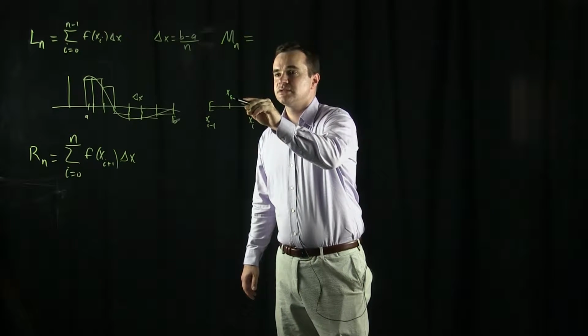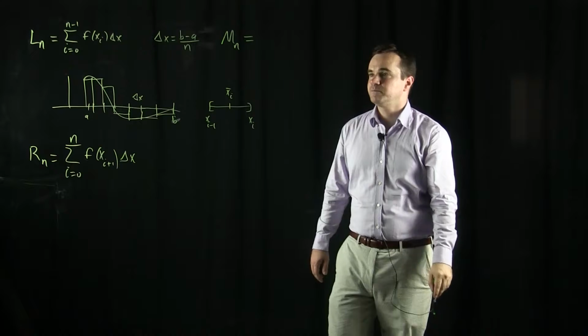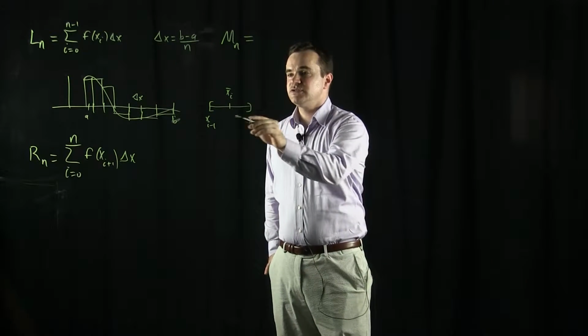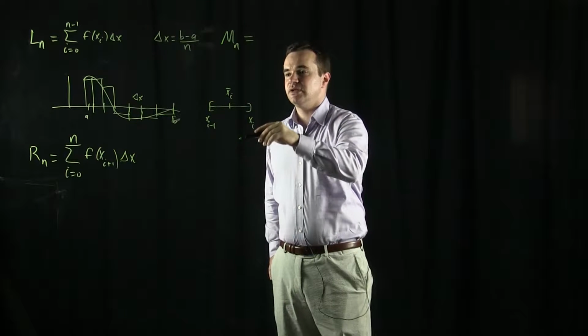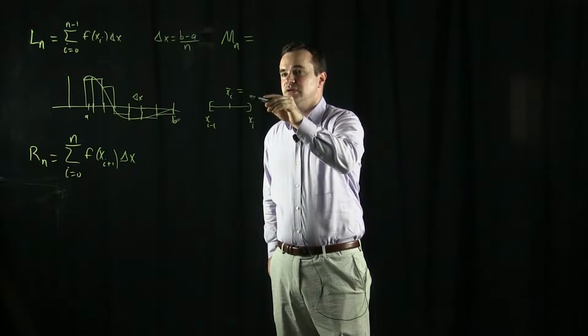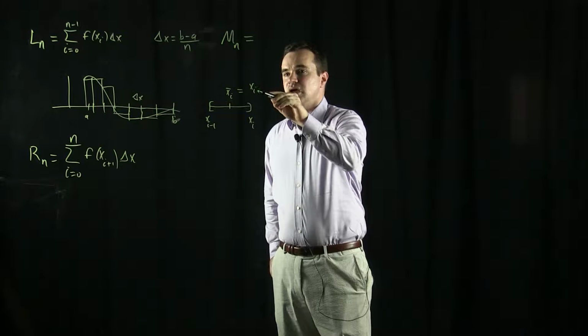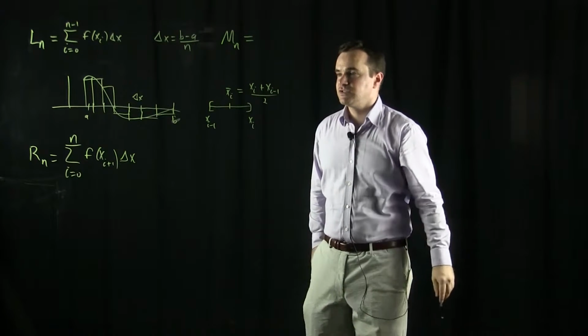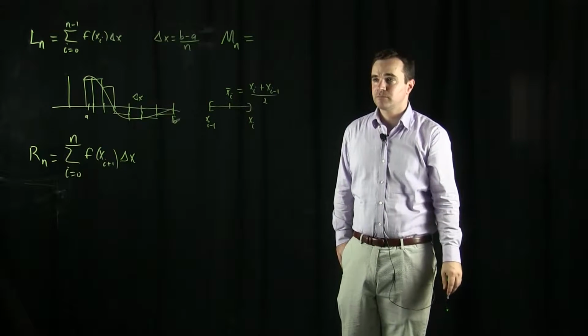We call that x i bar. And then you want to take the y value of that. The midpoint of these two is just the average of x i minus 1 and x i, so that's just x i plus x i minus 1 over 2. That's just the midpoint formula.